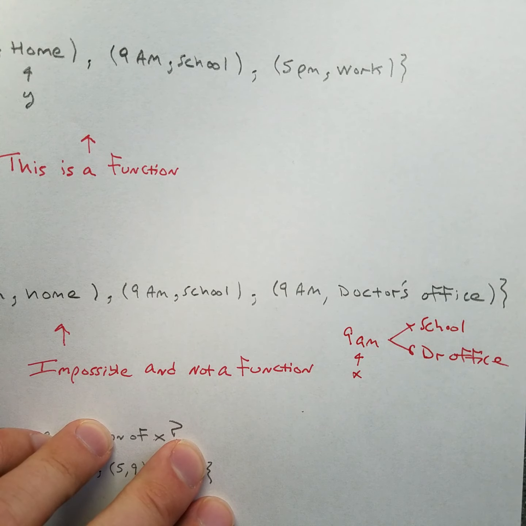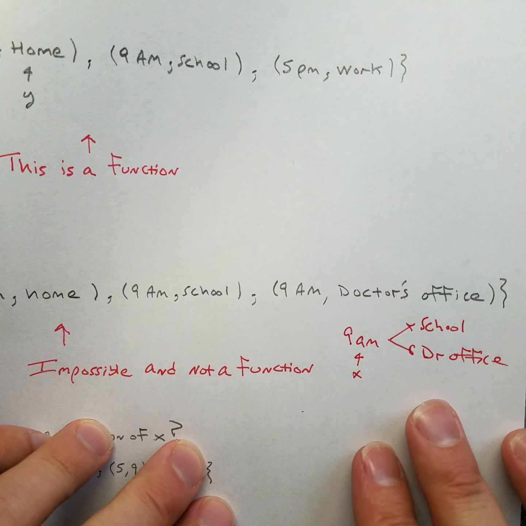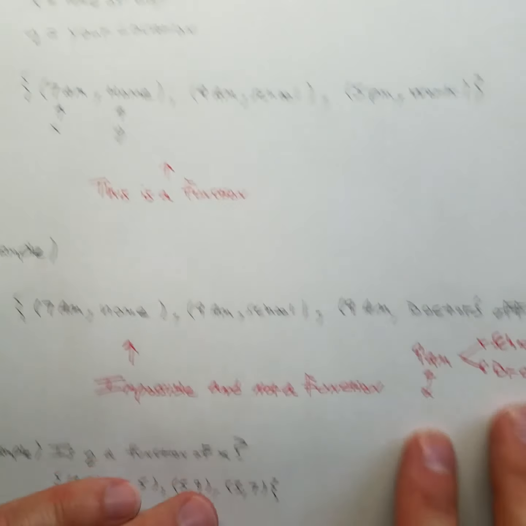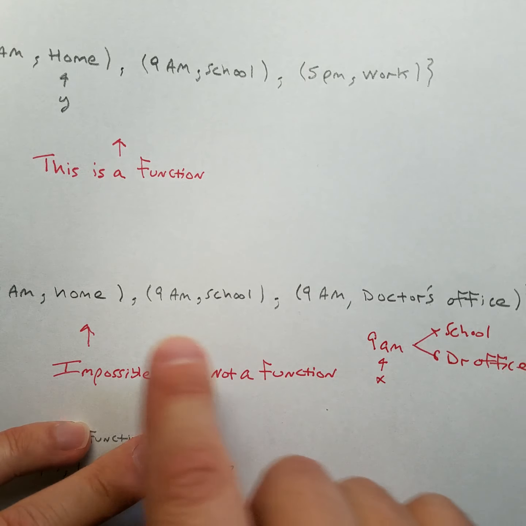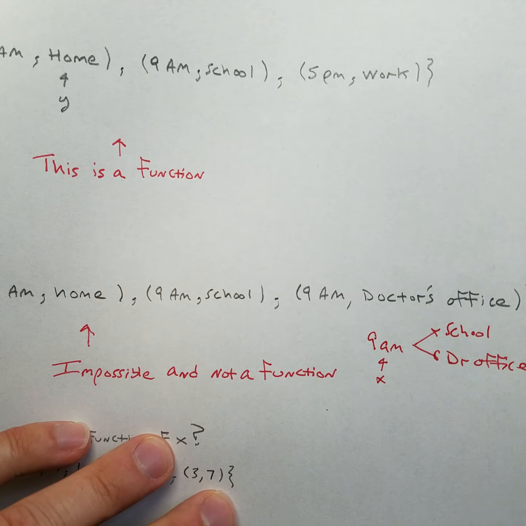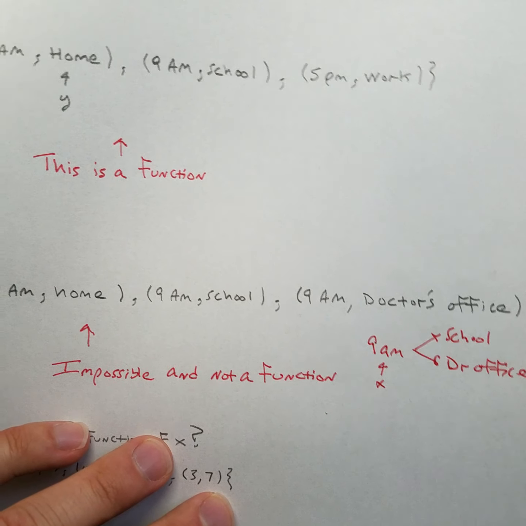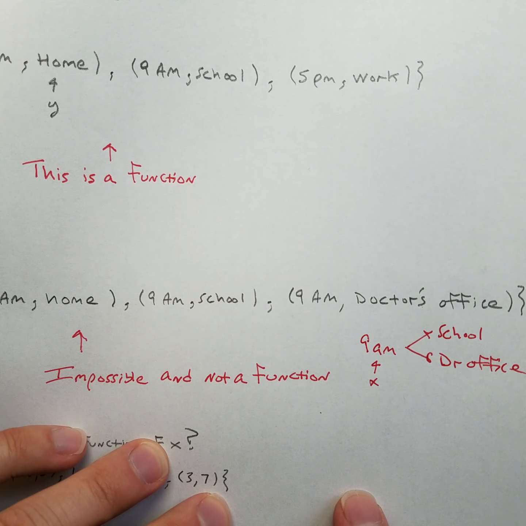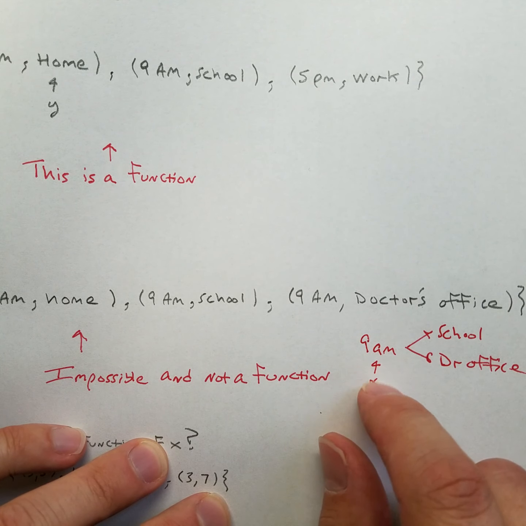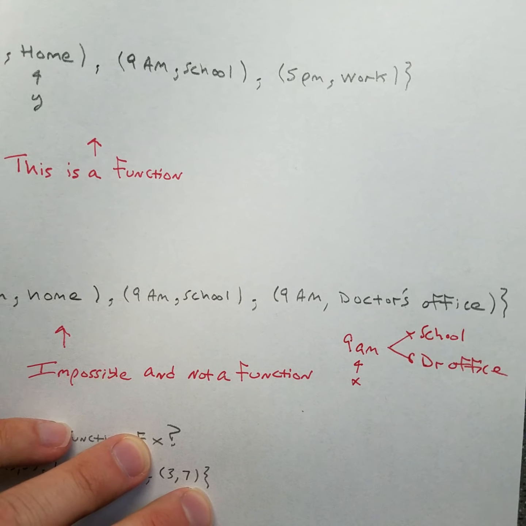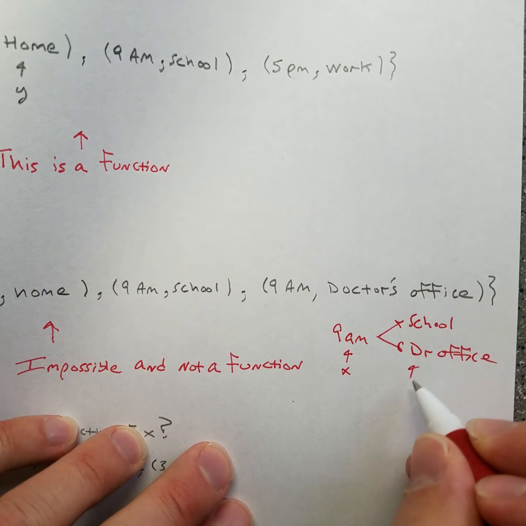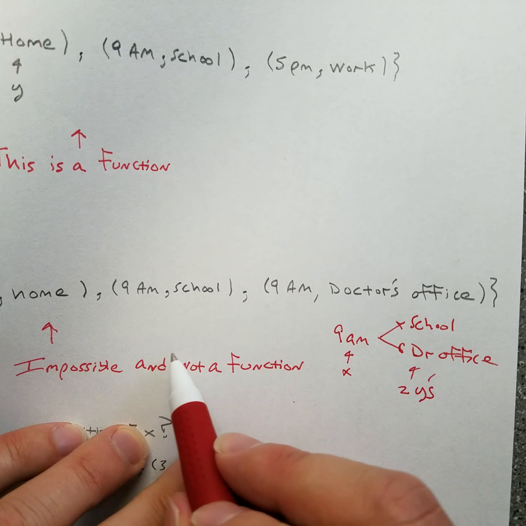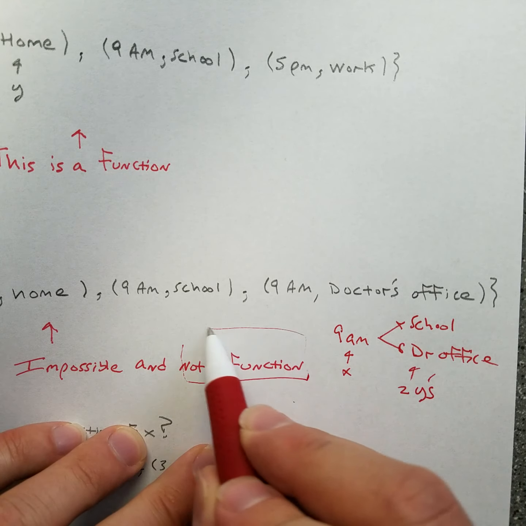So I guess the reason we name a function like this is that it corresponds to the way many normal things work, like how you would pair the time of day and your location. It could never be that one x gets paired with two y's. So this one is not a function. That's the concept.